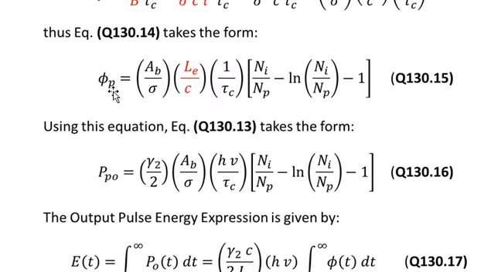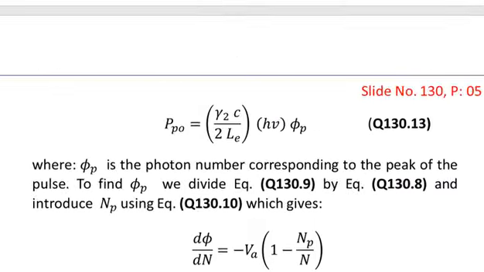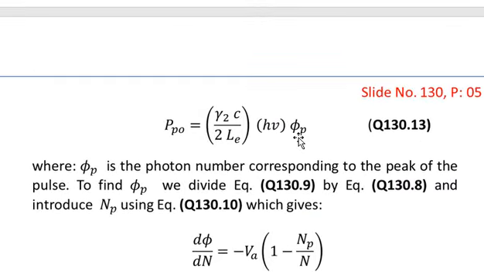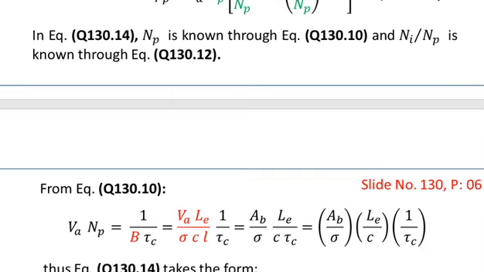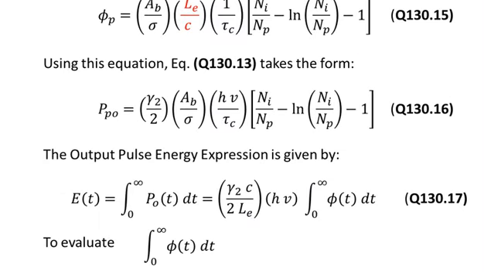This is the full expression for the number of photons at the pulse peak. And you see that this phi p can be substituted over here in equation number 13, and we can find the final expression which gives you the peak output power from the laser, as given in equation number 16.